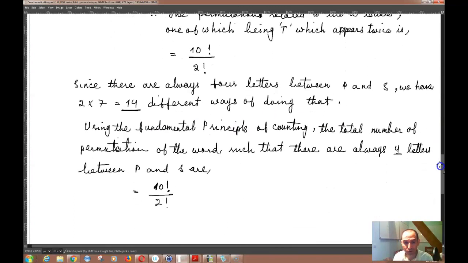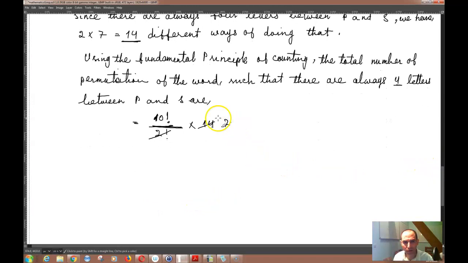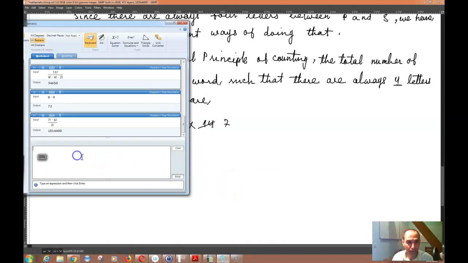Then you want to multiply it by 14. So that's 7 here, and then you get 10 factorial times 7.